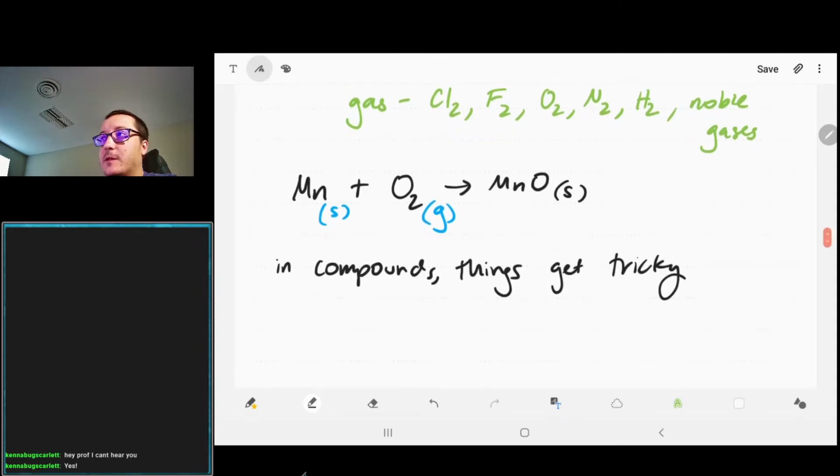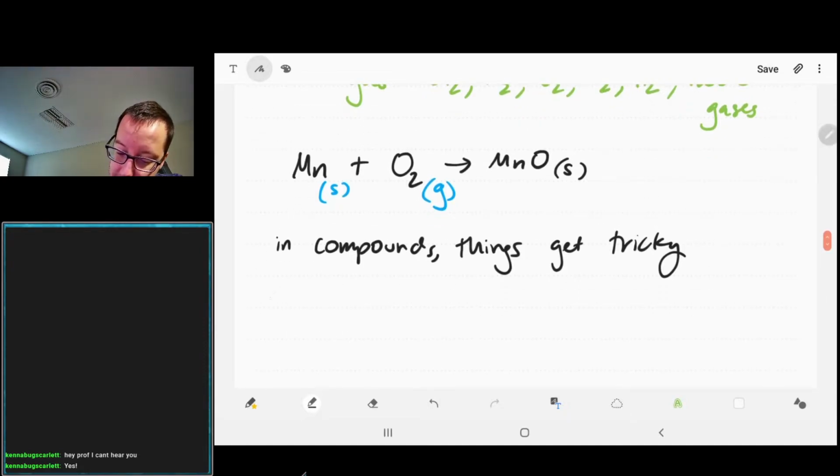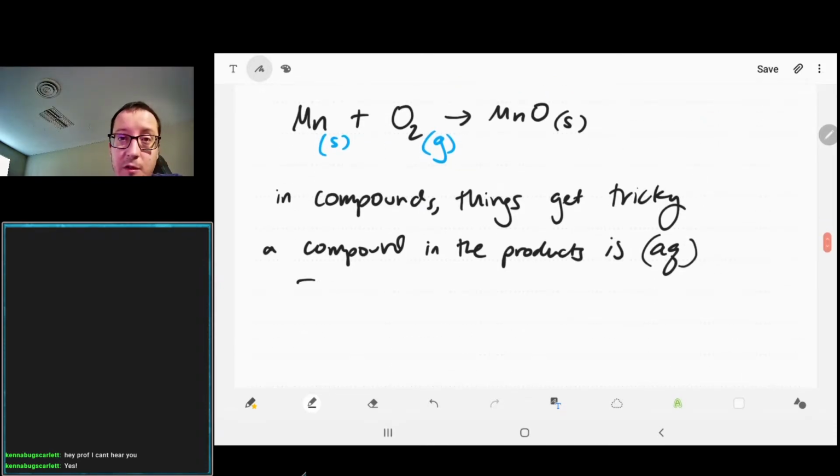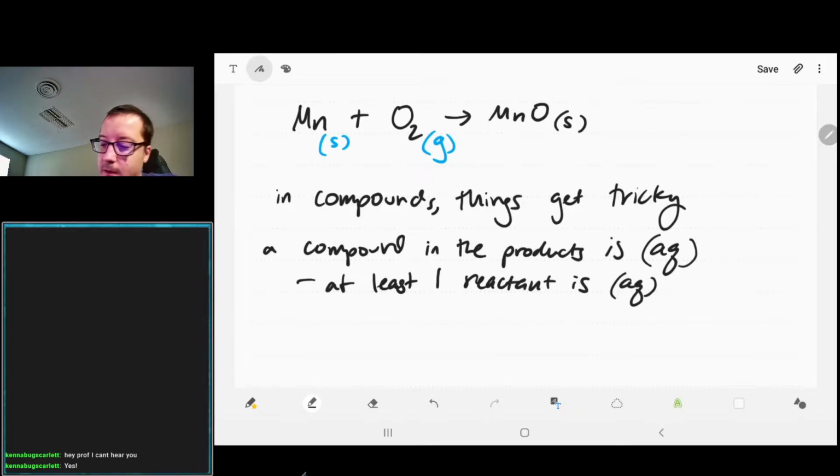So perhaps we should start with the aqueous state of matter. A compound in the products is aqueous with two conditions. At least one reactant is aqueous. In order for it to be aqueous, there has to be water around, right?